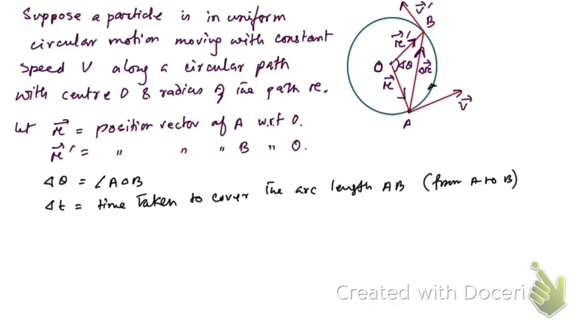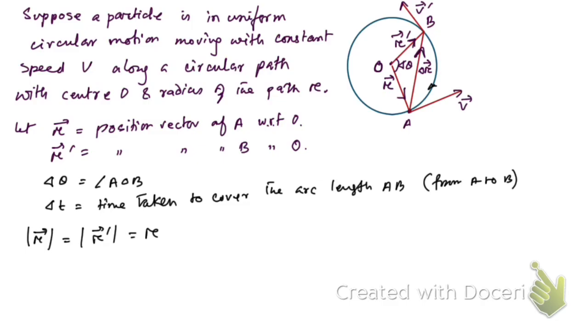now you see here this r vector, magnitude of r vector and magnitude of r dash vector both will be same. That will be r, that is the radius of the path. Because of the direction we are taking two vectors, but magnitude will be same.